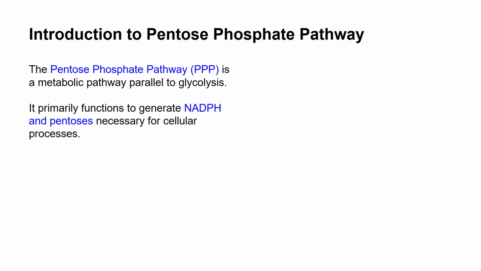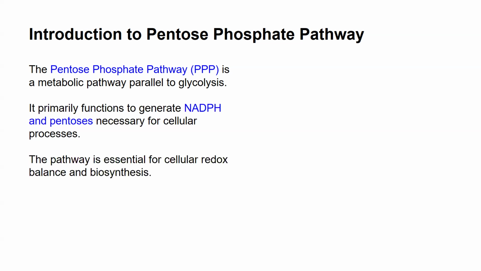So in the pentose phosphate pathway, NADPH and pentoses are generated, and these two important molecules are very essential for cellular processes, including prevention of oxidative stress, biosynthesis, and DNA replication. All these are cellular processes that require the presence of NADPH and pentoses.